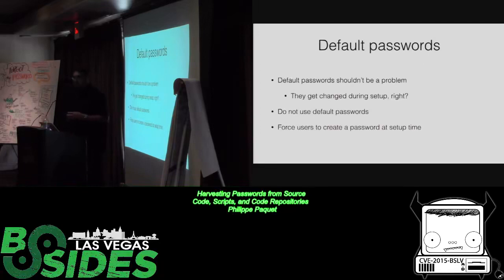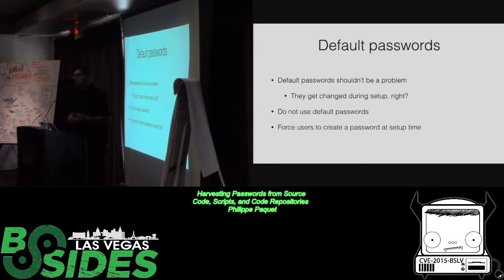Another large problem is default passwords. That shouldn't be a problem because default passwords get changed. People install an application and of course they change the password. But we know that they don't. So the main way to deal with that problem is actually not to use default passwords.